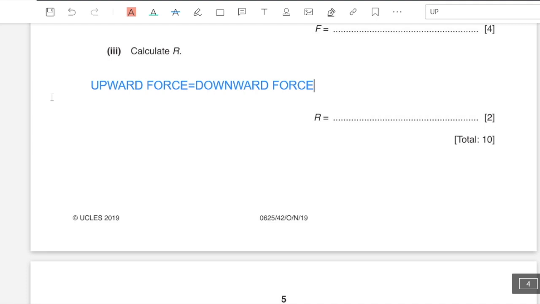So the upward forces acting, R plus F, should be equal to the weight plus 0.5. And so R is going to be equal to weight, which is 1.2, plus 0.5 minus F, which is 0.48, and that is equal to 1.22 newtons.